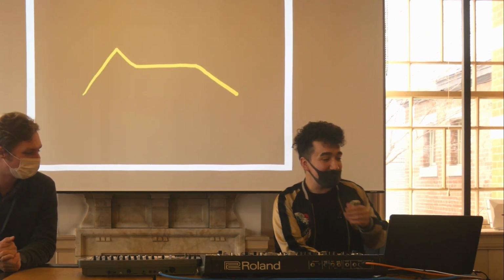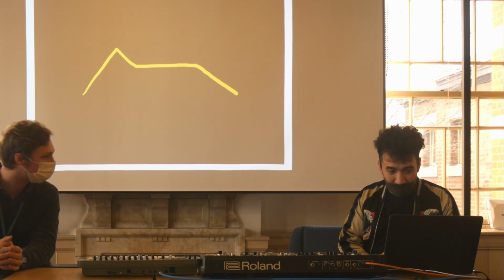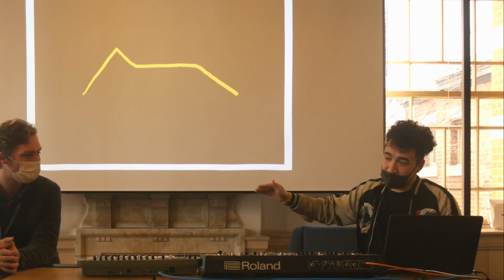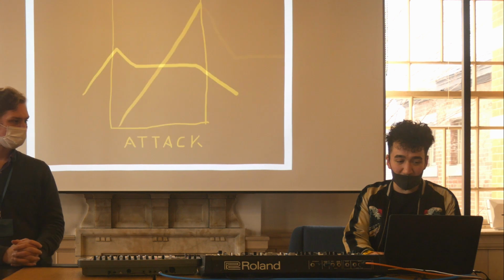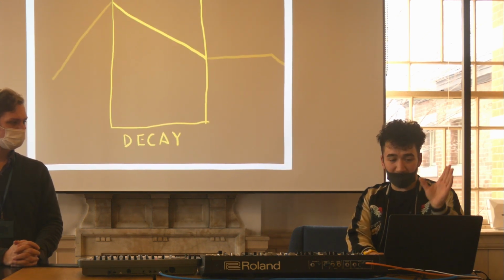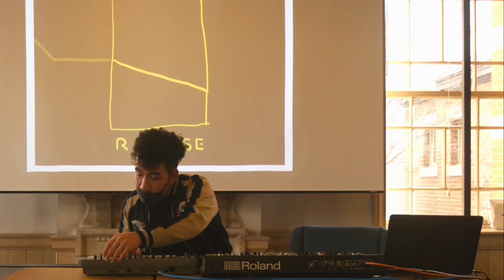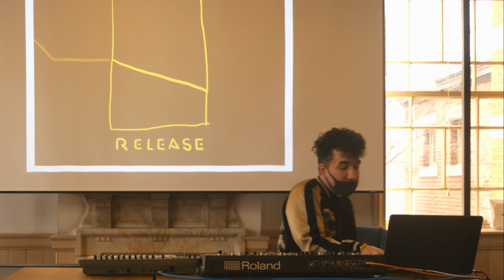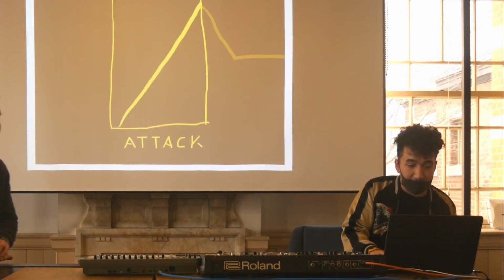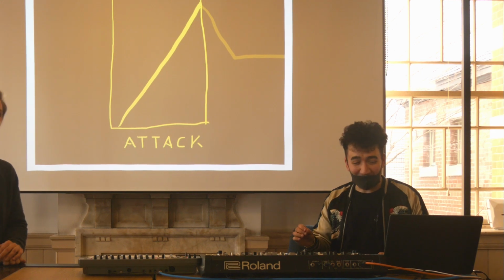Maybe many of you have seen this before. It's a very common symbol in working with synthesizers. It has four parts: the attack, the decay, the sustain, and the release. So what these different things mean, maybe I should go back a little bit.